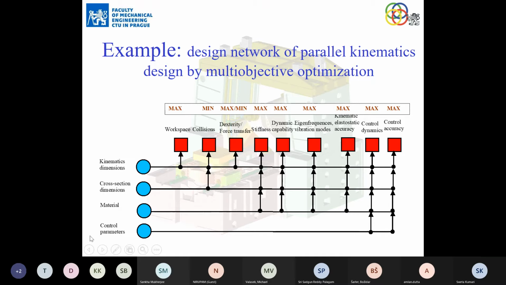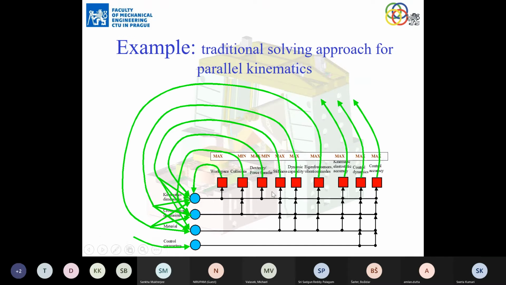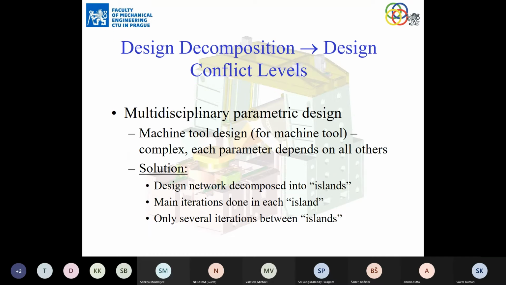And you see that it is interdependent, and if you apply the traditional approach, you find that everything depends on everything, and it becomes quite complex to move forward in the design and to fulfill all the constraints with reasonable parameters.